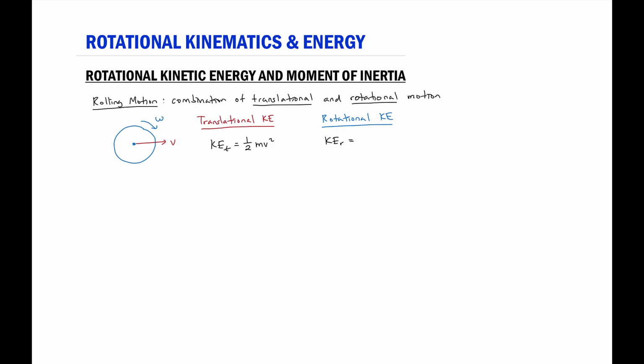Since we already know that linear speed is v equals r times omega, it means I can rewrite KET as 1/2 m and replace v with r omega so that we can make that connection to the rotational world. This means I can write this as 1/2 mr squared omega squared. So this is looking very similar to our equation for translational kinetic energy. Both are in units of joules.